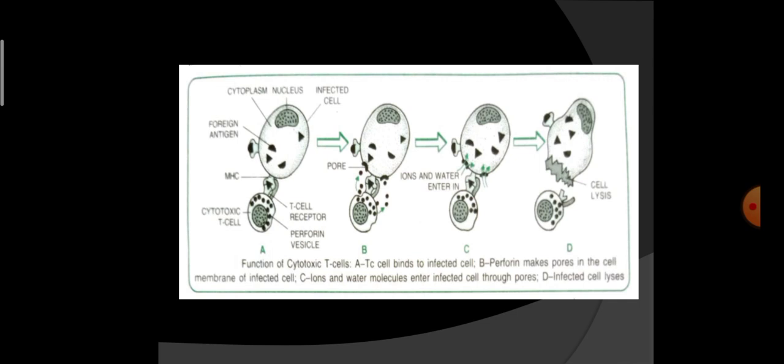When pores are produced, water and ions keep entering, and the cell will bulge and burst. That means it has ruptured. This ruptured cell will then be engulfed by phagocytic cells. That is how cytotoxic T cells function.